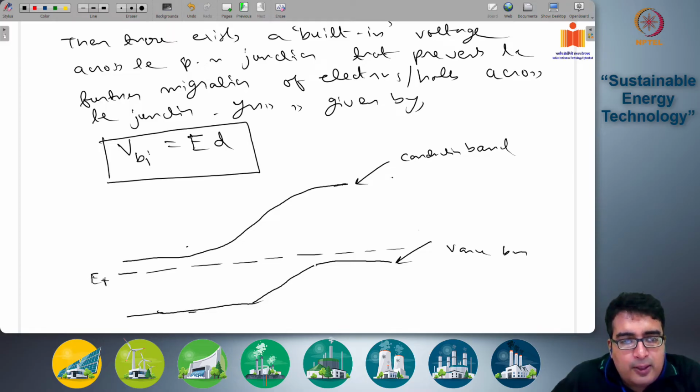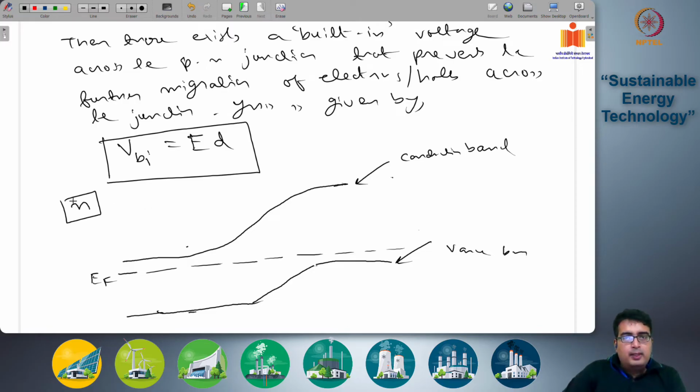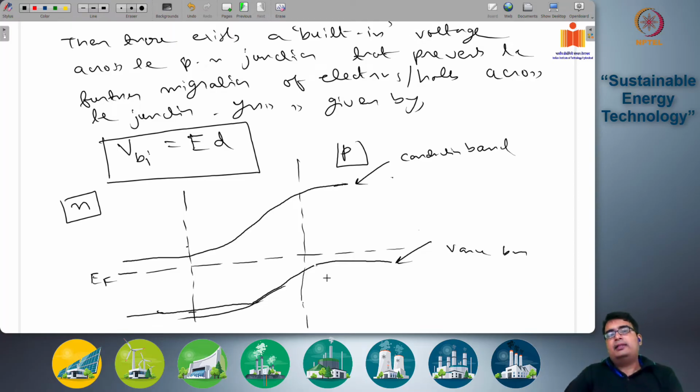This is the Fermi level. Okay. So what you have here is that this is the N side and this is the P side, and in this zone is your depletion zone. Okay. Like this. Okay. So this is where the energy level is actually changing while your Fermi level is remaining the same. Okay.